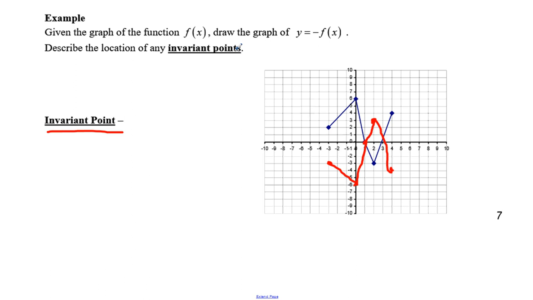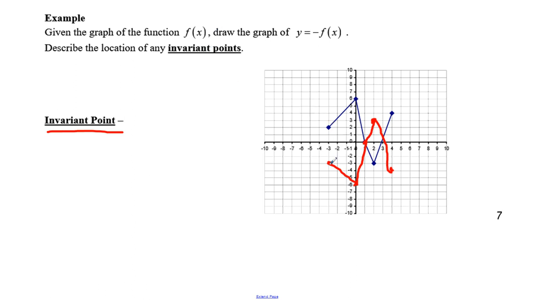Do you agree that her feet will move up to where her head was, and her head will move down to where her feet were? What doesn't move? Her waist. And the definition of an invariant point is a point that doesn't change after transformation.